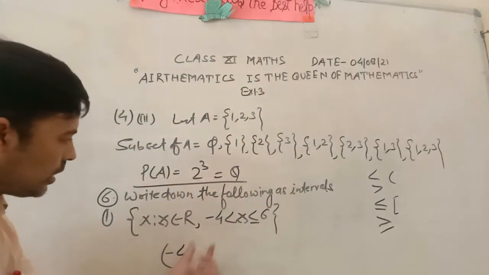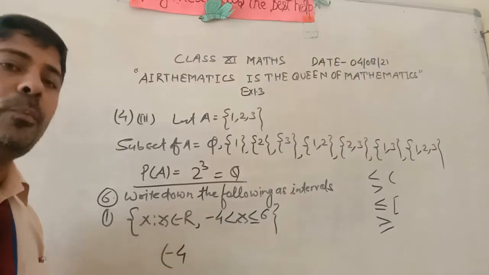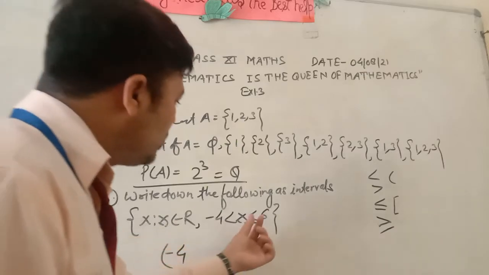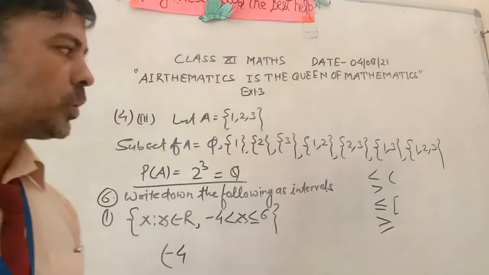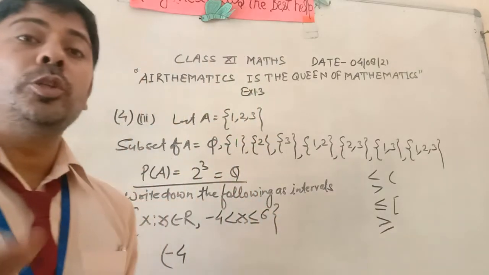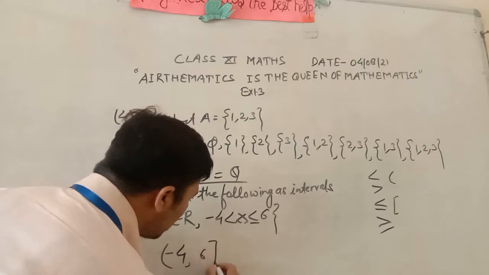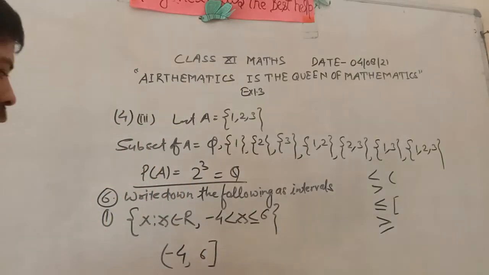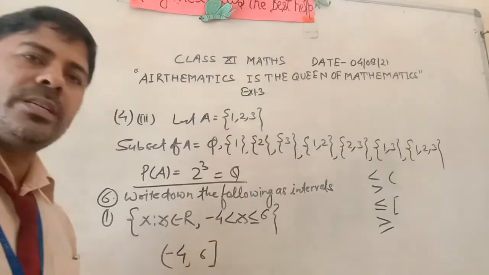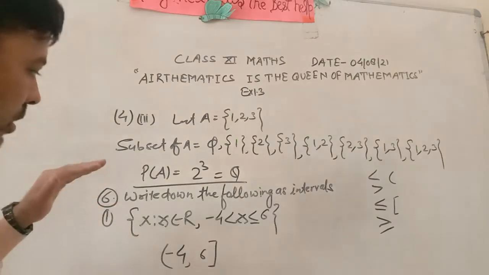So with -4 we need to use the open interval. And the second number is less than or equal to, so you have to use the closed interval, which means this is 6 and it is closed. So open interval -4, comma, closed 6. This is written as an interval.